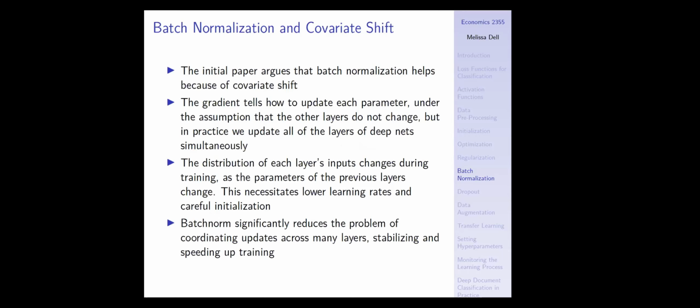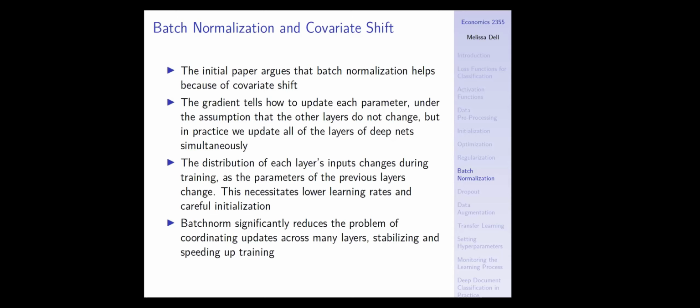We touched on this point at the beginning of the lecture. The gradient tells us how to update each parameter under the assumption that the other layers don't change. But in practice, we update all of the layers of deep neural nets simultaneously. If we have ResNet 101, we're updating all 101 layers simultaneously. And the distribution of each layer's inputs changes during training as the parameters of the previous layers change.